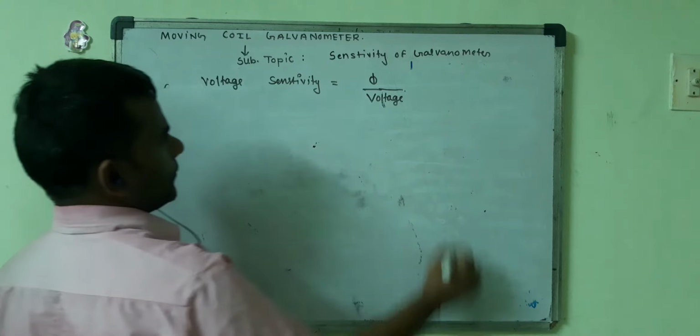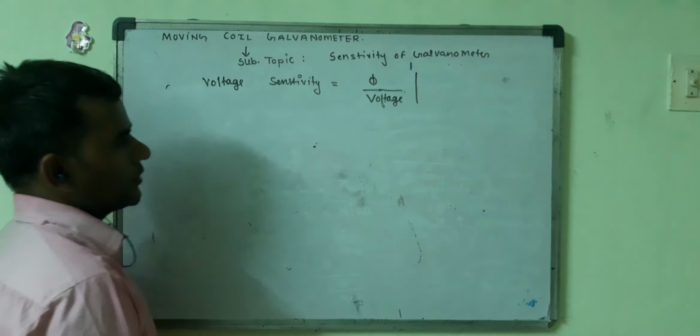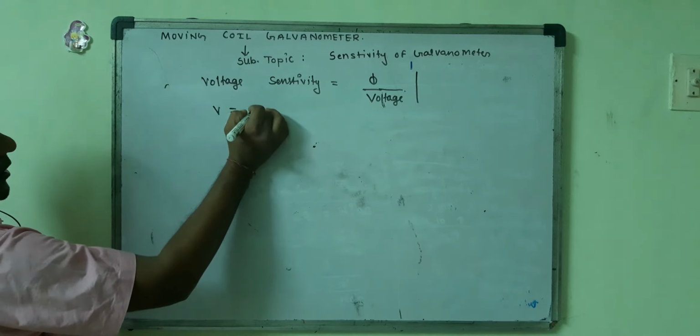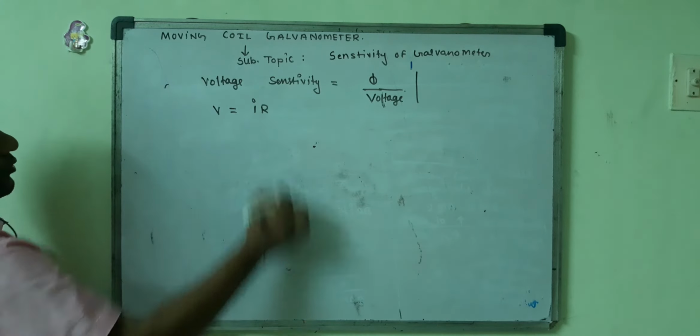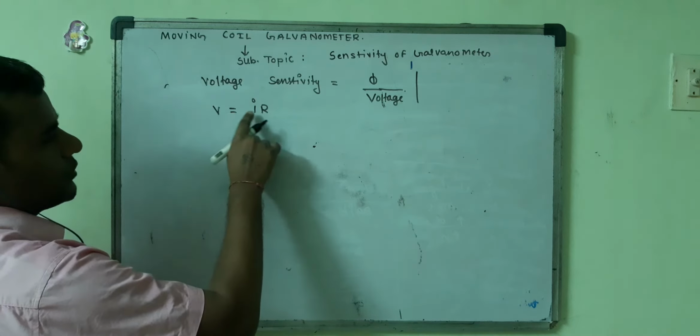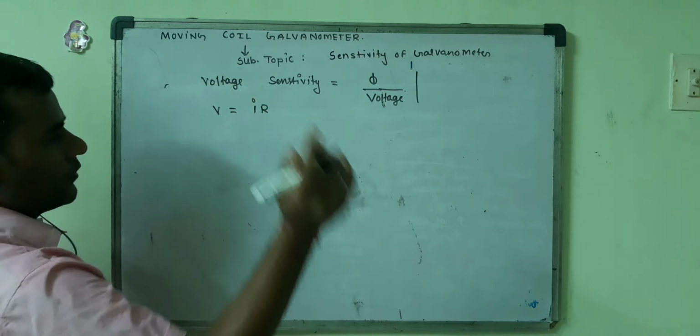And we know V equal to I R. So we'll write the V in terms of I. I we can find from there.